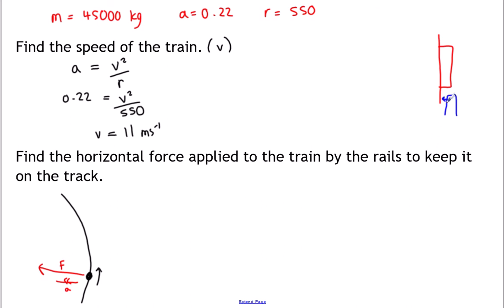Or if the train was to go the other way, there's one on the other side, exactly the same, like that. And it's this force here which stops the train from flying off the track when it comes to a corner, that little interface there. Normally you've got the weight of the train acting downwards on the top of the rail, but there's also this sideways force here. So that's the force that keeps it going around the bend.